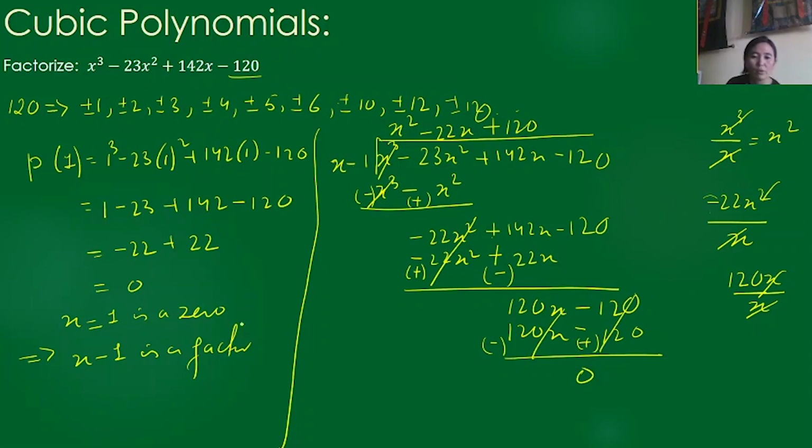Since we have already found one factor, now the other two factors you can find using this quotient. So here we have x square minus 22x plus 120. Now you have to find two numbers whose sum is minus 22 and whose product is 120.